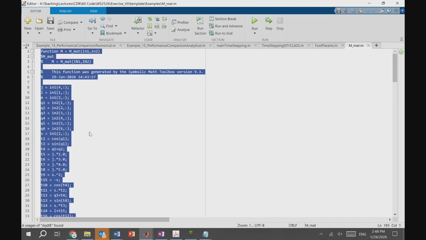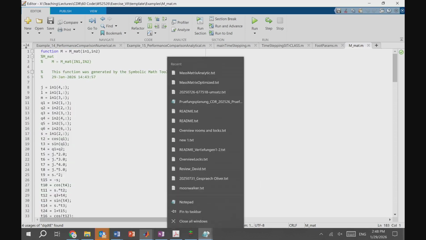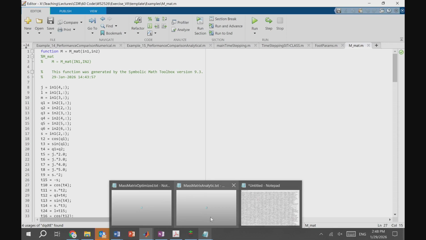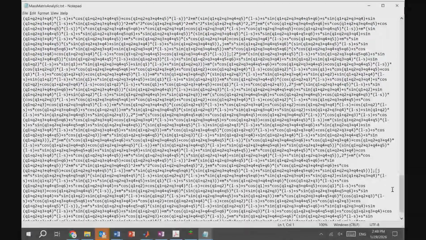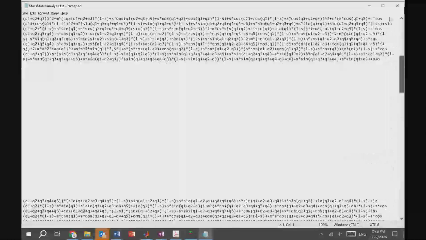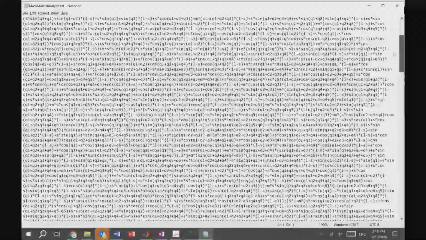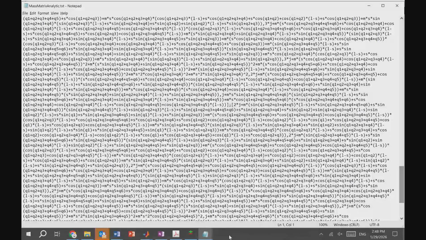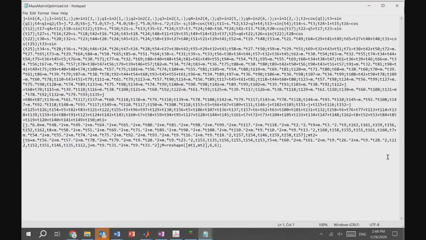And you can quantify your gain by putting this, again, in Notepad. This is the analytical function that I just copied from the MATLAB output. This is the optimized code, right? None of this is scientific, but if you believe that the number of characters relates to the number of operations that have to be done, you can already see that this is way quicker.